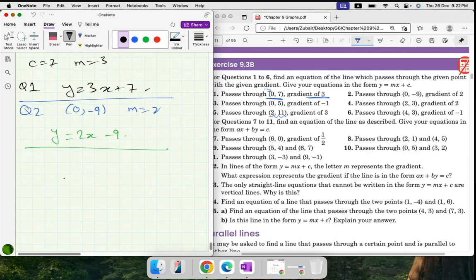No, sir. Okay. Try number 3. Passes through 0, 5 and gradient is minus 1. Equation of line.